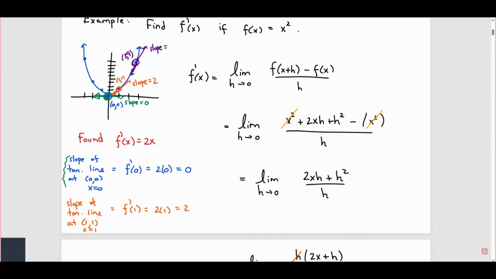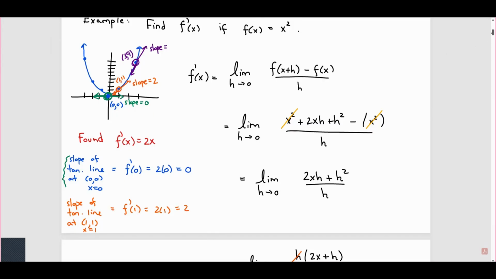Again, this is an increasing portion of the curve, so I know that the slope of the tangent line should be positive. But not only that, it should be bigger than the slope of the orange line, right? As I move further along the parabola, it starts increasing faster and faster. So the slope should keep getting larger and larger as I move along.